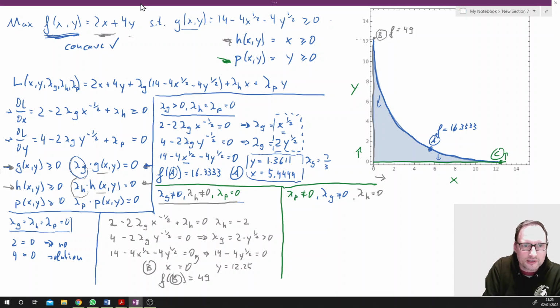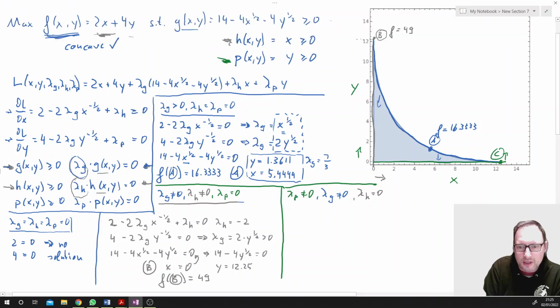That characterizes the point, and we already know there's only one point because there's only one intersection of the blue and the green line. So only one point, that's point C.